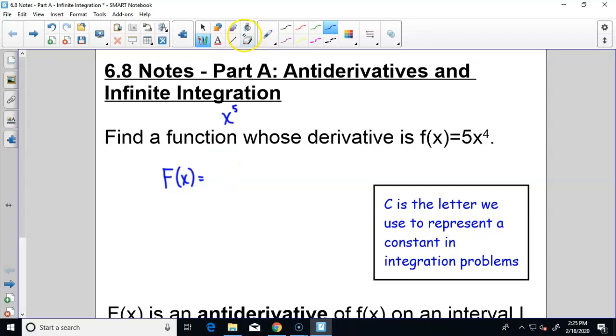All right, is that the only equation that will work? Let's see.